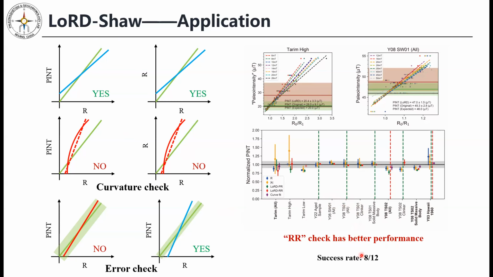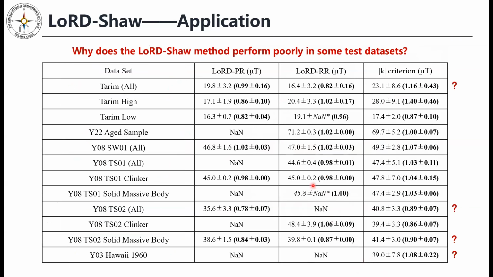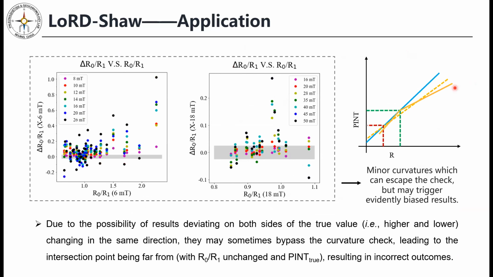And we get accurate results in 8 of the 12 data sets. But we still have some poorly performed results in some of the data sets. So what caused this failure? We examined our data and found a similarity in their delta R before and after heating versus R before and after heating baseline plot.